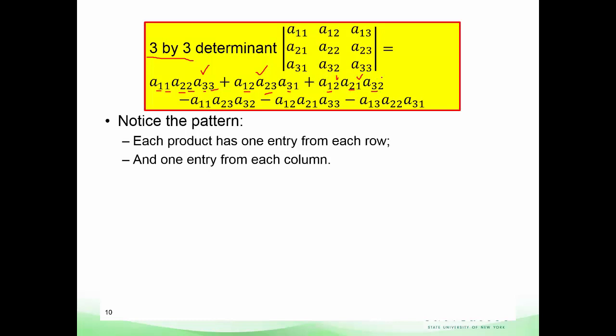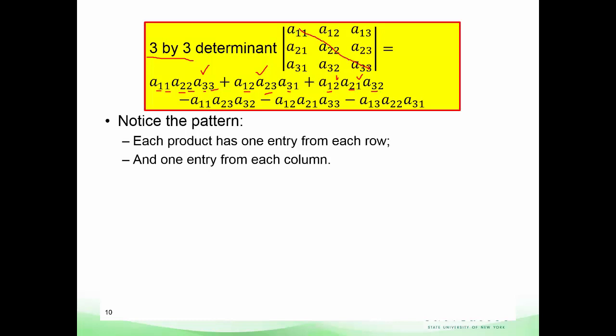Oh, that's wrong. Should not go 2, 1, 2. Should go 2, 1, 3. Because notice that we can only take each column once. So this should be A12, A21. Let's make sure we get this.